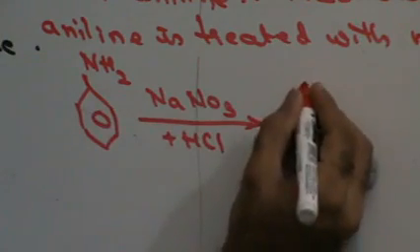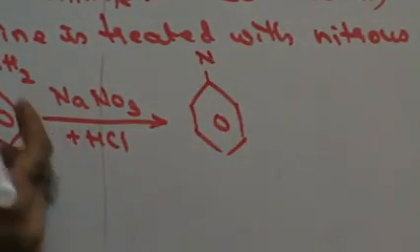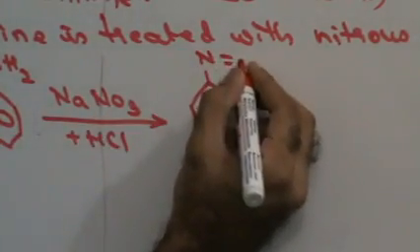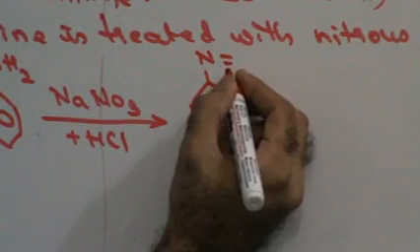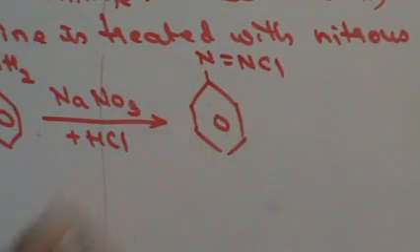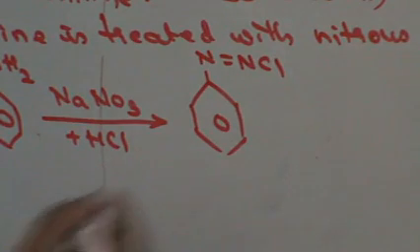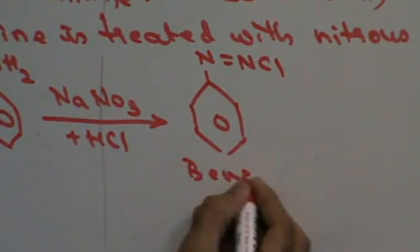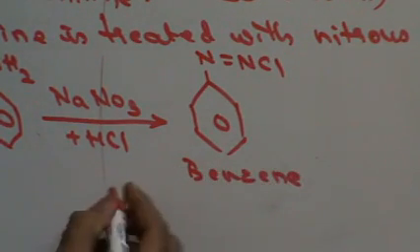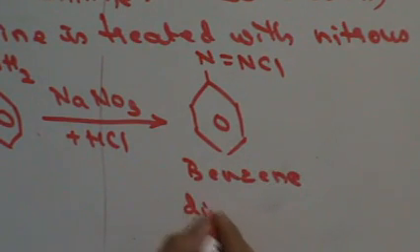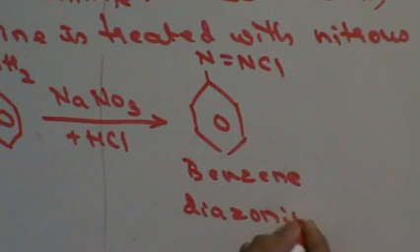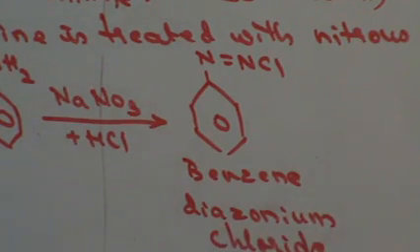You will have an addition reaction taking place. You have one nitrogen here, one more nitrogen comes in. This is called benzene diazonium chloride. This is your diazotization process.